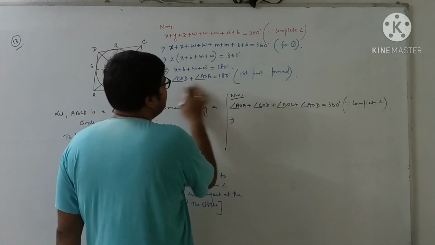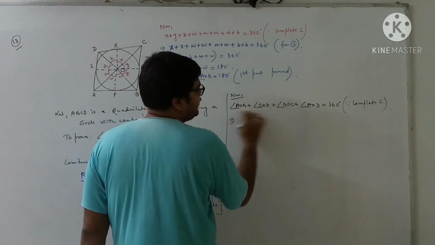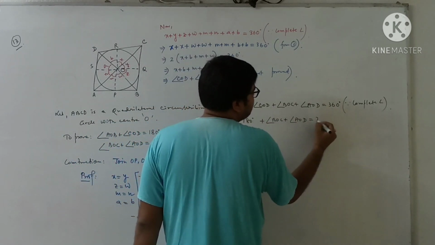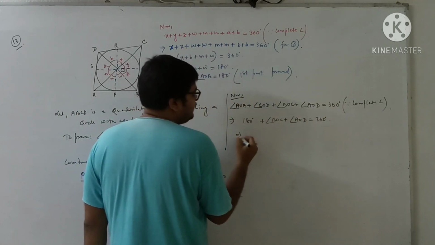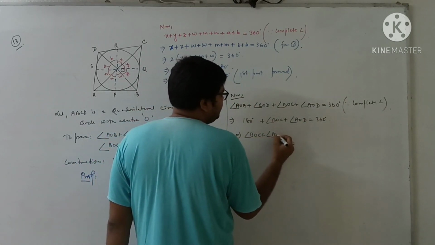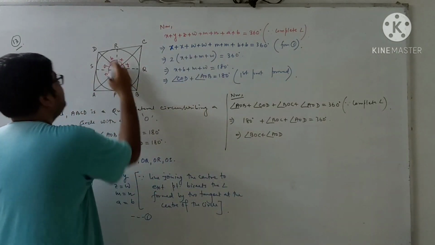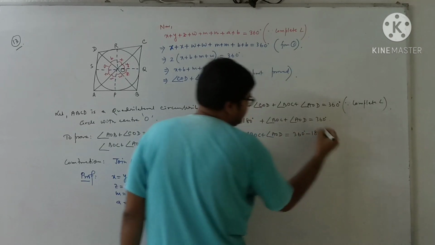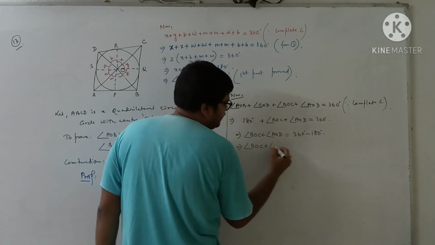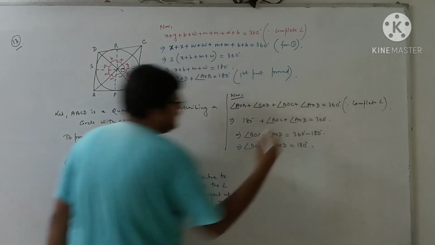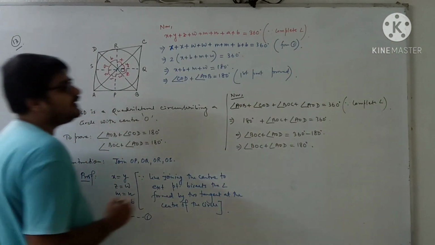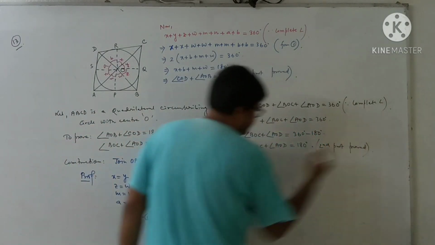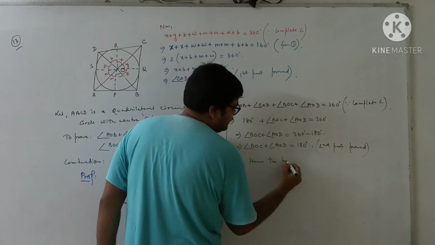And AOB plus COD we already got as 180 degrees, so we convert this to 180 degrees. So 180 plus angle BOC plus angle AOD equals 360 degrees. Now subtracting 180 to that side, we get BOC plus AOD, the opposite two angles, equal to 360 degrees minus 180 degrees, so BOC plus AOD equals 180 degrees. That was the second part, so the second part is proved. Hence the proof. And the proof has been completed.